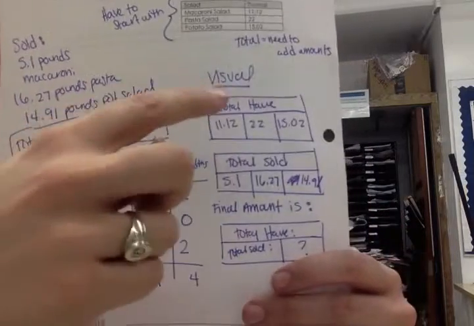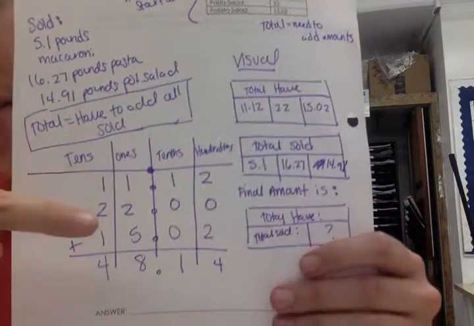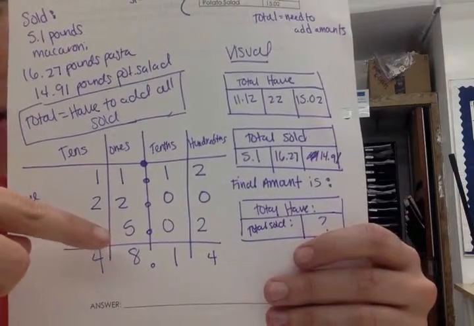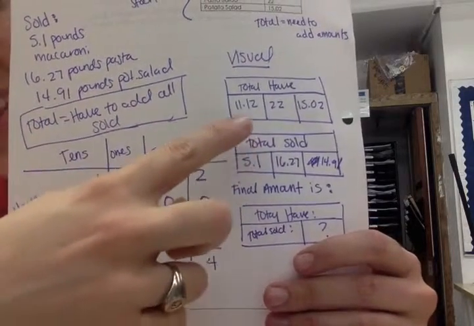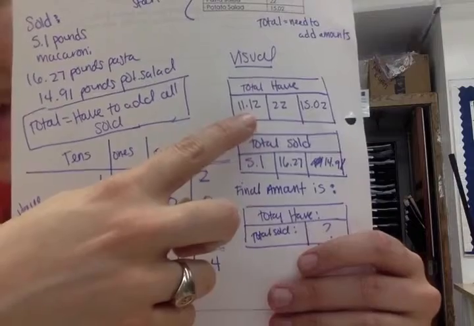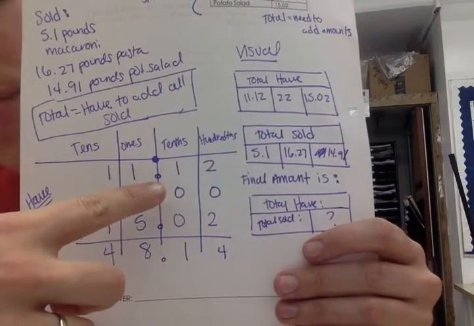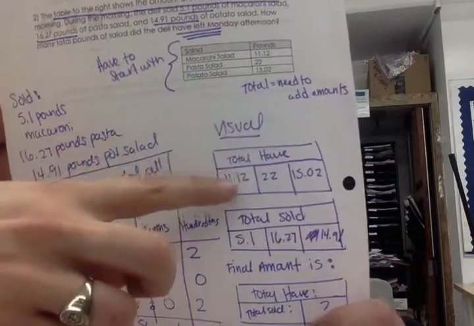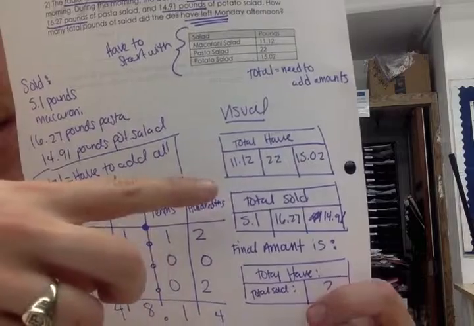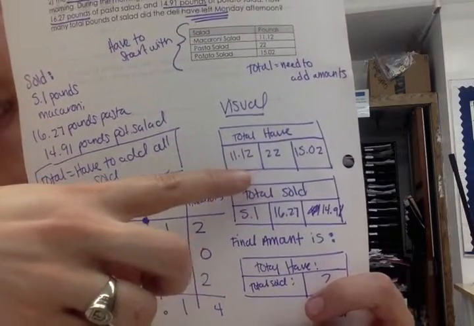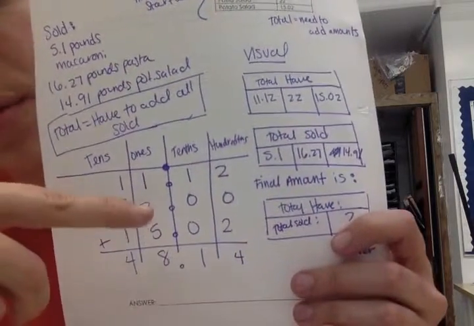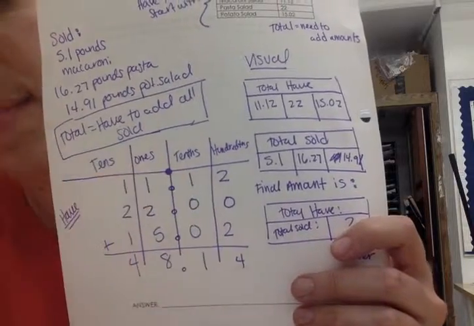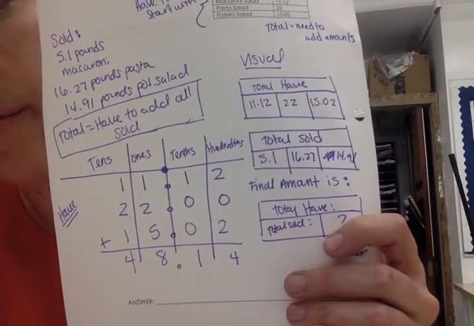I place each of the numbers from my first bar model onto my place value chart. I make sure that I line up the decimal point in the number with the decimal point on the chart. For example, 11 and 12 hundredths has 2 digits to the right of the decimal place and 2 digits to the left of the decimal place.